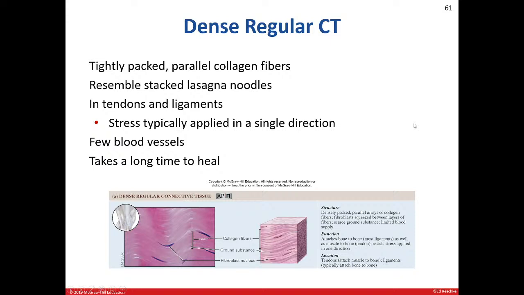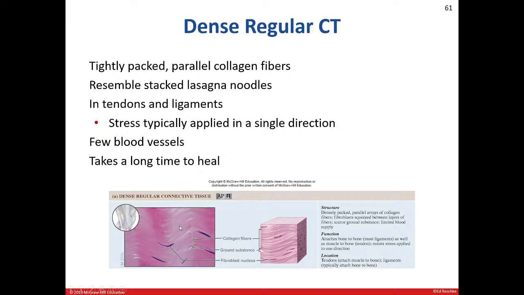All right. So dense regular connective tissue is tightly packed, and the collagen fibers are parallel. If we look at the tissue slide down below, you can see that they follow a regular repeating pattern. And so that's how, as a student, I remembered dense regular connective tissue.